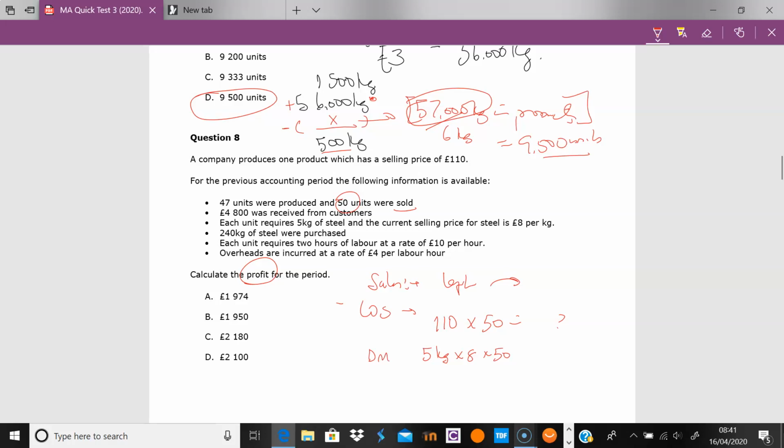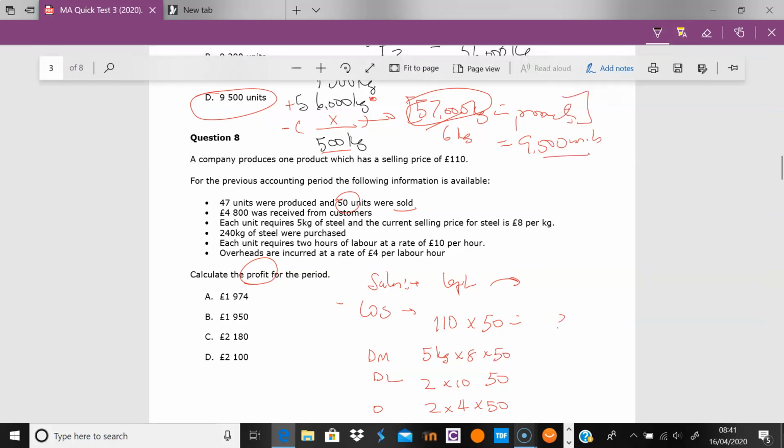I'm trying to get the full cost. To make 50 units, you would have used 2 hours each, and each costs you £10. And your overheads are £4 per labor hour times 50 units. So this is the full cost of 50 units.